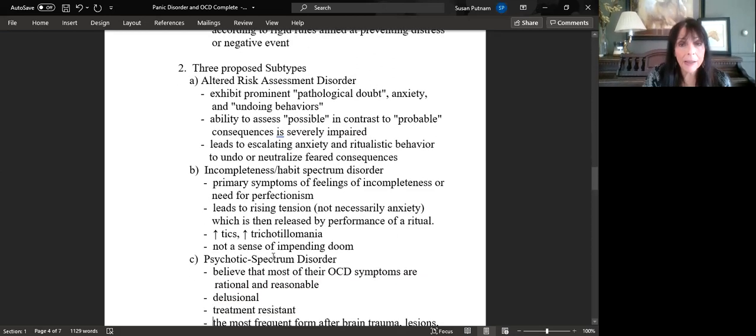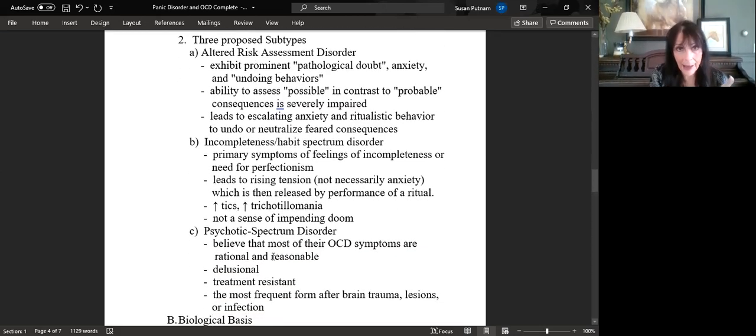Incompleteness, habit spectrum disorder, is the second subtype. The primary symptoms of this subtype are feelings of incompleteness or the need for perfectionism. And it leads to rising tension as opposed to anxiety. It's not necessarily anxiety.